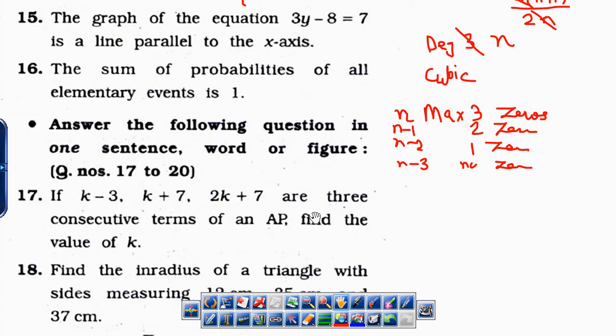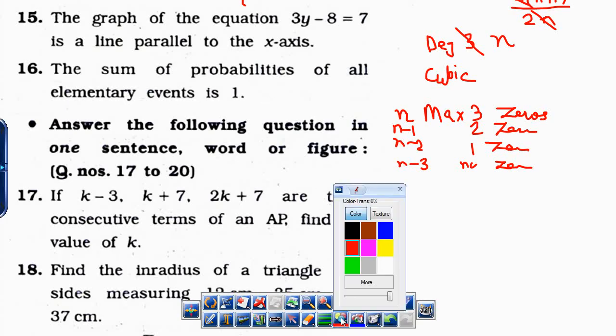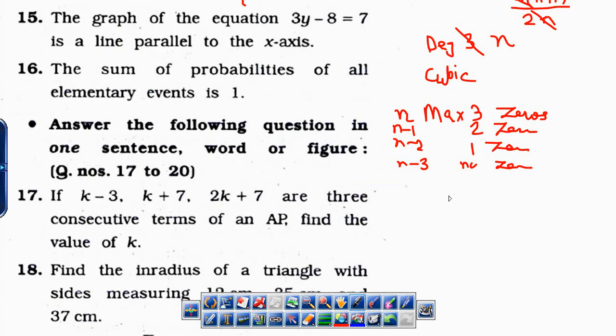The graph of the equation 3y minus 8 is equal to 7 is a line parallel to the x-axis. This is coming from 9th standard. 3y minus 8 is equal to 7 means 3y is equal to 15, meaning y is equal to 5.